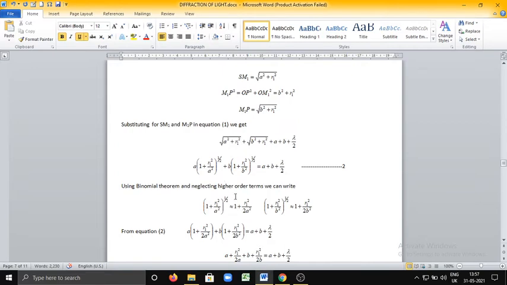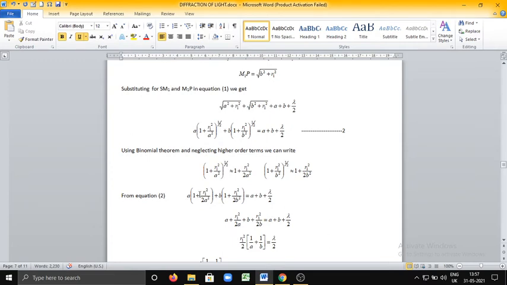If you substitute this in equation 2, then we can write a into 1 plus R1 square by 2a square, plus b into 1 plus R1 square by 2b square, is equal to a plus b plus lambda by 2. Simplifying this expression, remove the bracket: a plus R1 square by 2a plus b plus R1 square by 2b is equal to a plus b plus lambda by 2.